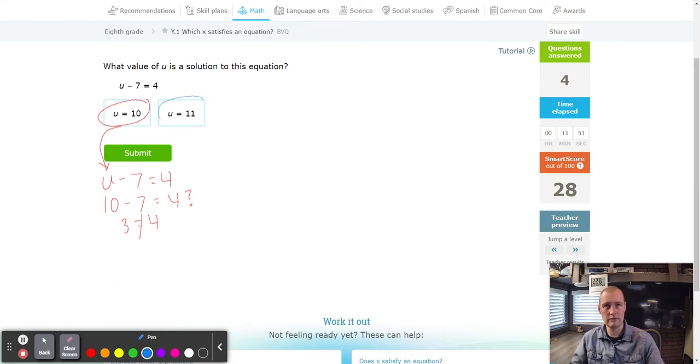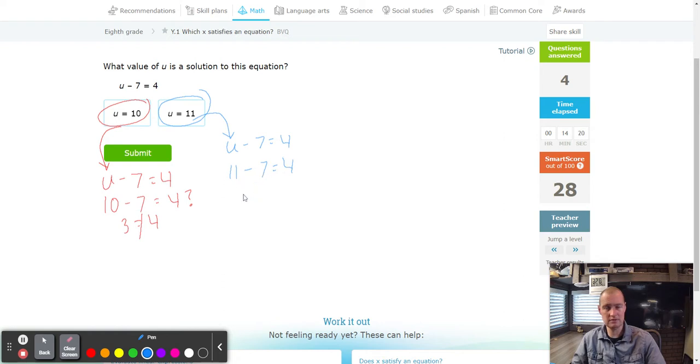Well, if I add one more to the left side, I think 3 plus 1 is 4. 4 equals 4. It should work. So let's see if that does work indeed. So we're going to use U minus 7 equals 4. And U minus 7 is going to be, well, I don't know because I haven't plugged it in yet. So let's try plugging in 11 for U. So we got 11 minus 7 equals 4.